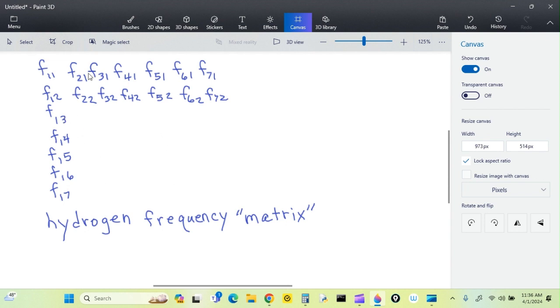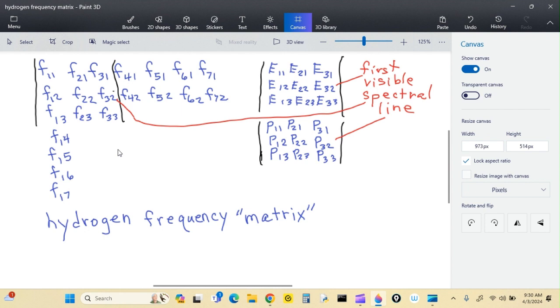Everything to this side of the diagonal is going to represent photons that are radiated. So it really covers not only the radiated frequencies, but also the absorbed photon frequencies that change the energy levels.